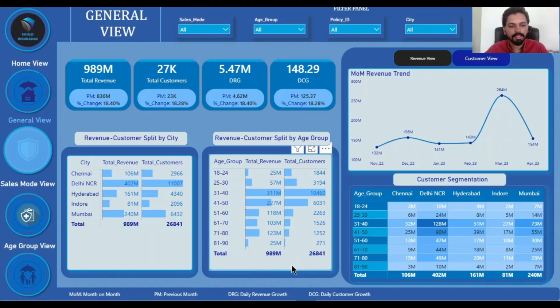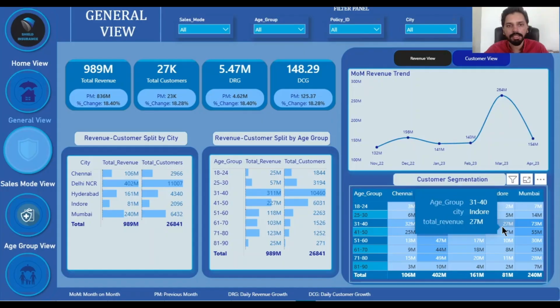So here we can clearly understand from these two figures that Delhi NCR is our top market and our top target age group is 31 to 40. Now on the right-hand side we can see a line chart followed by a table which shows the customer segmentation based on different cities and different age groups.